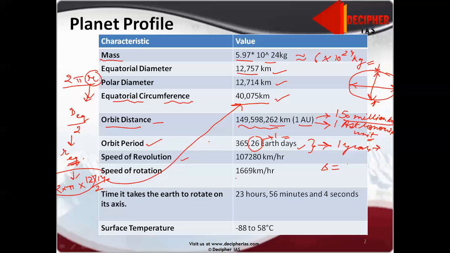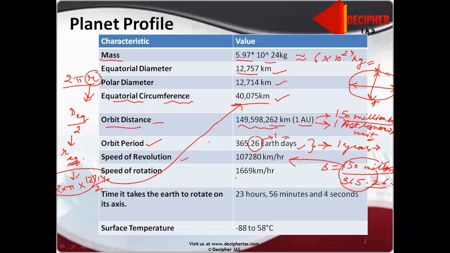The distance between Sun and Earth, which I just told you is 150 million kilometer. And what is the time? 365.26 days. In 1 year it completes one complete circle, na? So convert 365.26 days into hours, kilometer per hour. The speed will come out to be 107,280 kilometer per hour.